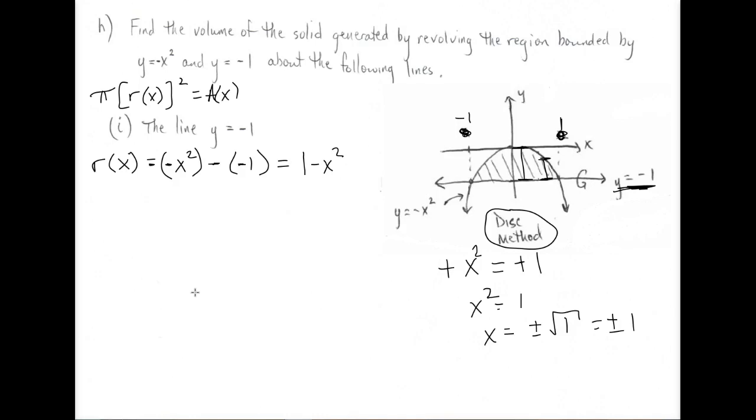Now that we have a way to define what the radius is in terms of x, if we square that, that's just 1 minus x squared, squared, which is just 1 minus 2 times x squared plus x to the fourth when we FOIL that out.